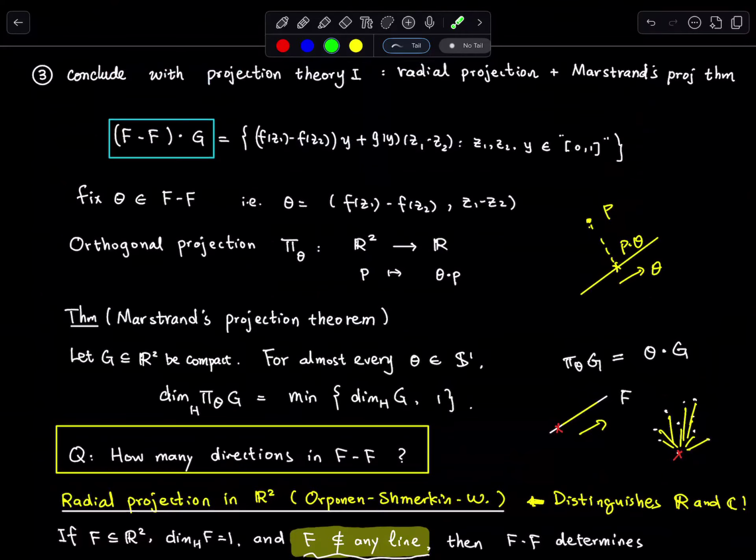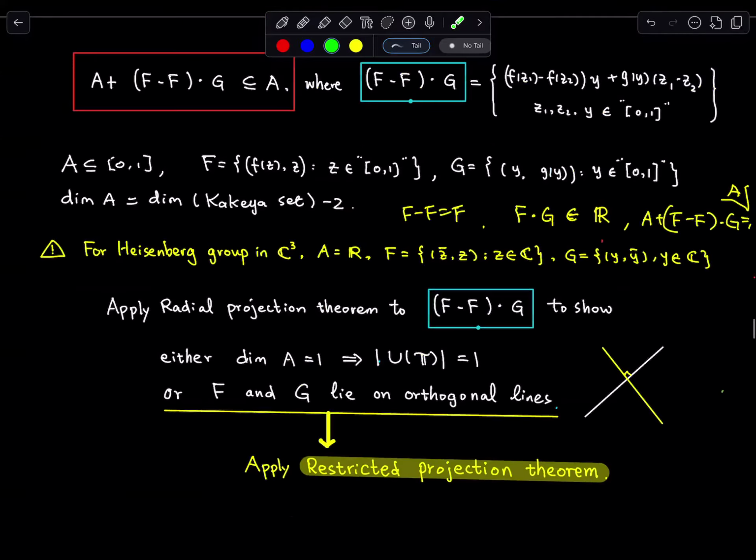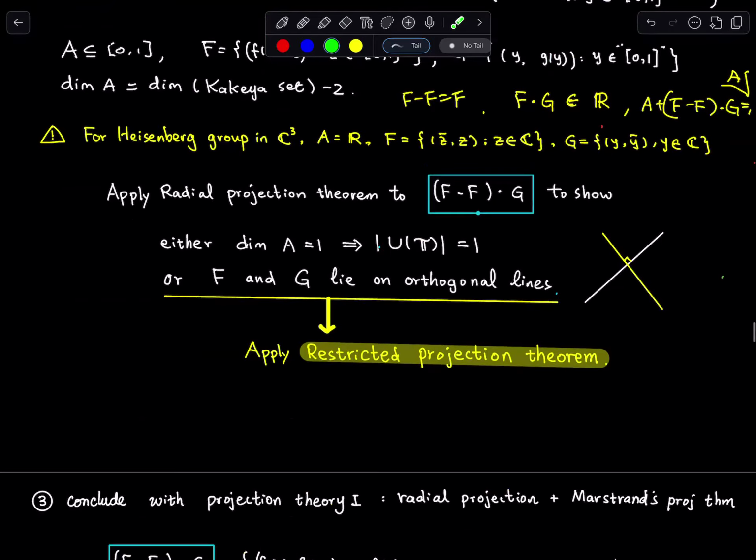So in other words, we show that either F has to be contained in a line, or F minus F dot product with G has dimension 1. This guy has dimension 1, and A plus a one-dimensional set should have dimension 1. So this says that the Kakeya set has dimension 3. I think that's the crucial step that distinguishes the Heisenberg group and the sticky Kakeya set.